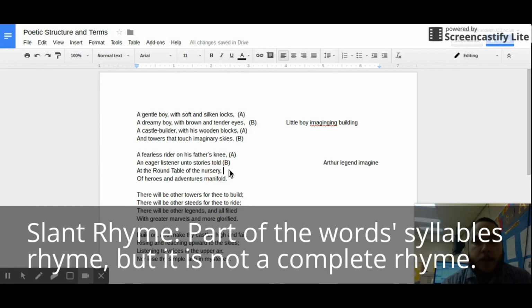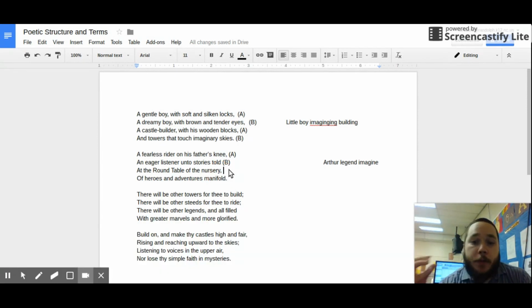That's what we call a slant rhyme. Basically part of the word, but not the whole word, rhymes. So I'll put an A, and a little squiggly mark just to show that it's a slant. You might want to put a dash or something like that. Once again, we have told and manifold. That's a little closer of a rhyme, but still not exact. So we'll put a B and a squiggle mark.